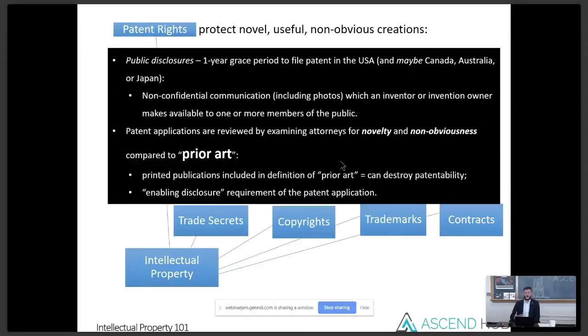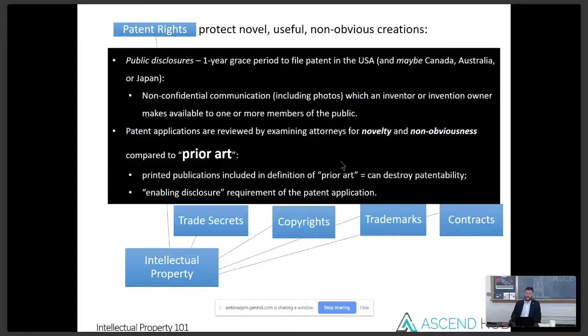Any non-confidential communication gets you into this public disclosure area. It does not have to be to somebody who is completely unknown to you. It could be to your friend, and they could find that to be a public disclosure.